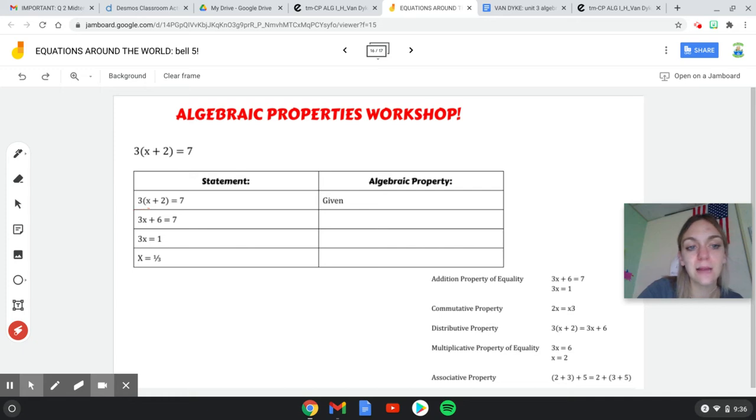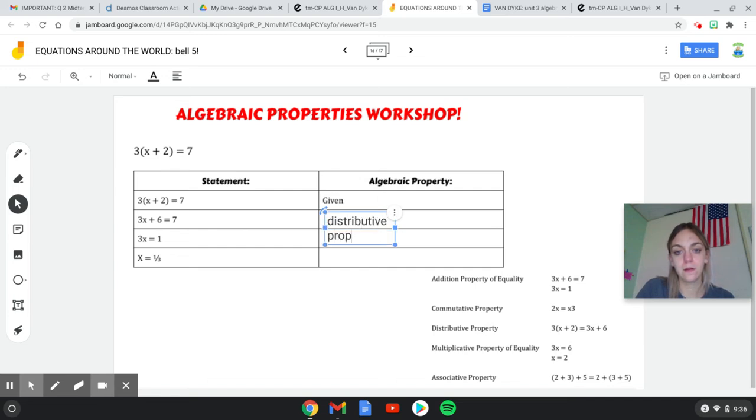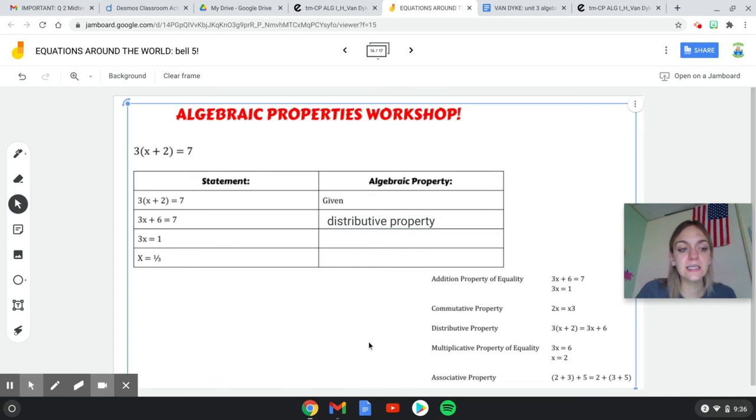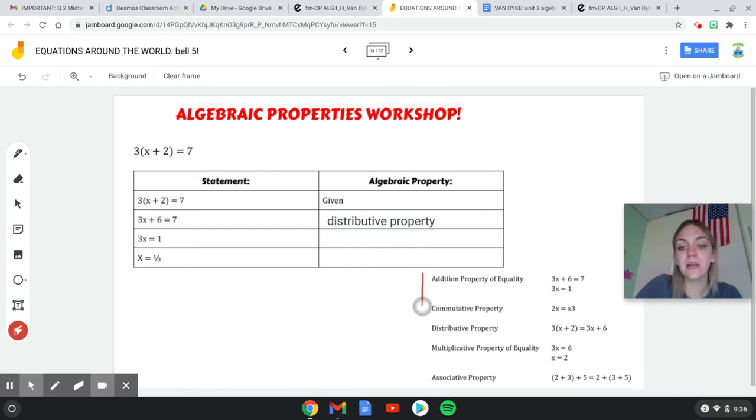So we had 3 times x, which is 3x, and then 3 times positive 2, which is a positive 6. Got rid of the parentheses. So we know that this step is the distributive property. And if you need to see an example of that, feel free to look down here at our algebraic properties.